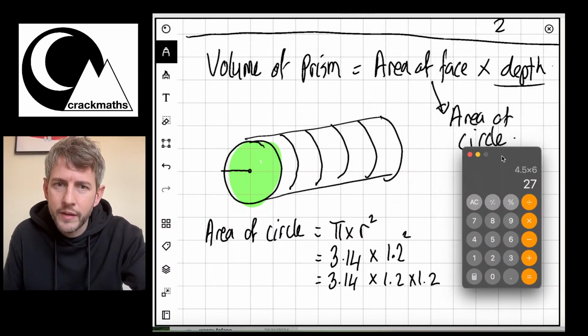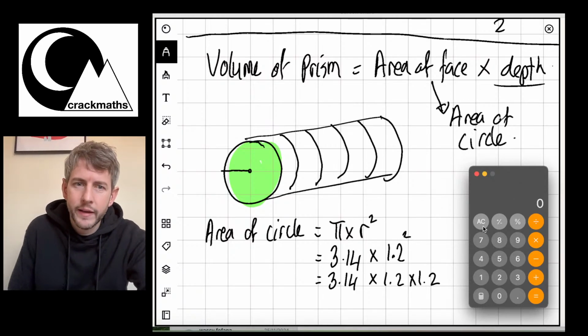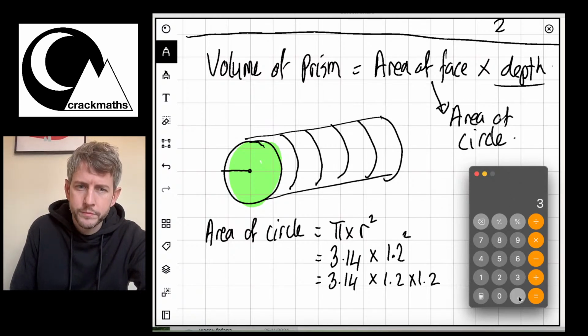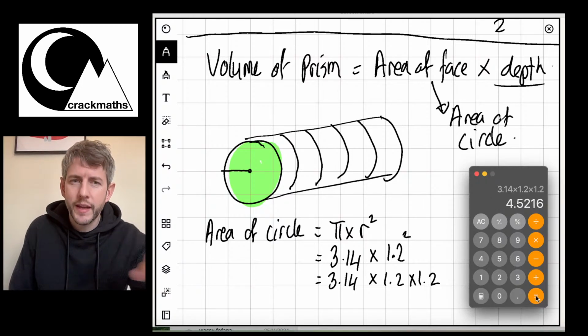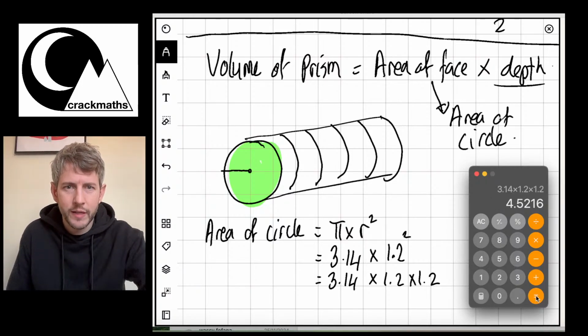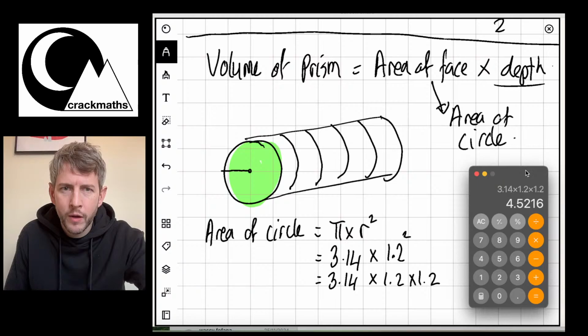So I'll put that just down here. So we've got here 3.14 times 1.2 times 1.2. Okay, and that equals, right, let me move that up.